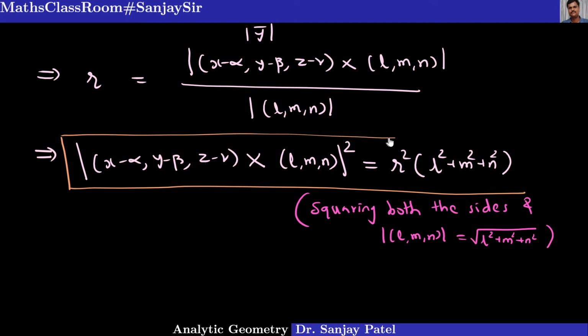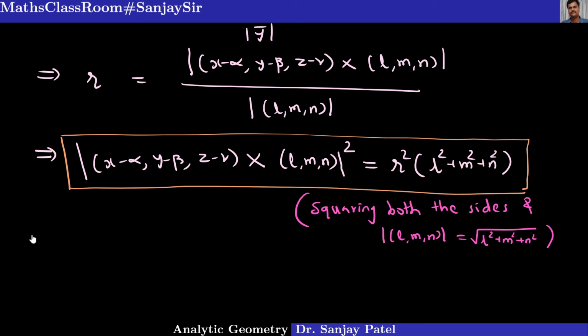We can still simplify this by expanding this cross product. This is x1, x2, x3, and this is y1, y2, y3. Its cross product is again a vector, say z1, z2, z3, and its magnitude square, this is modulus, remember. This is not a bracket, it is a modulus sign. So this square is nothing but z1 square plus z2 square plus z3 square.